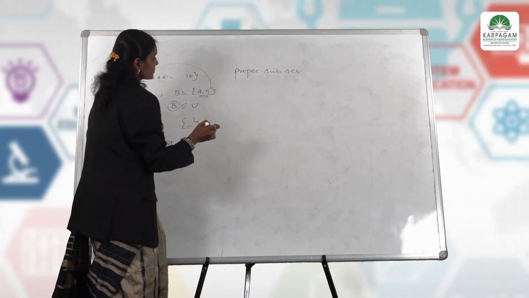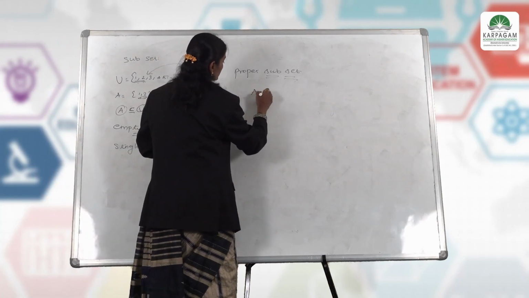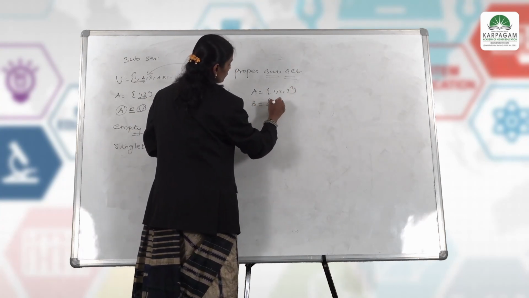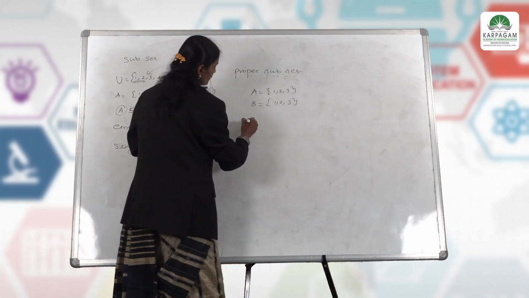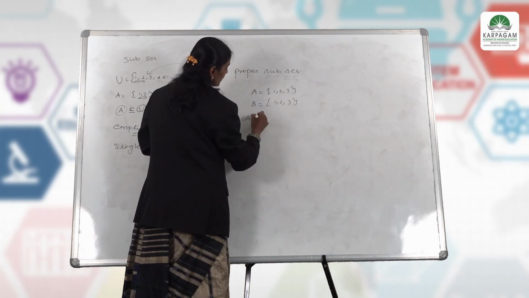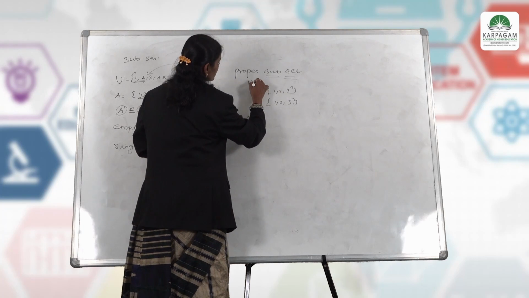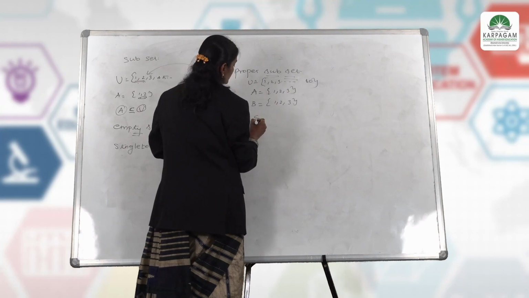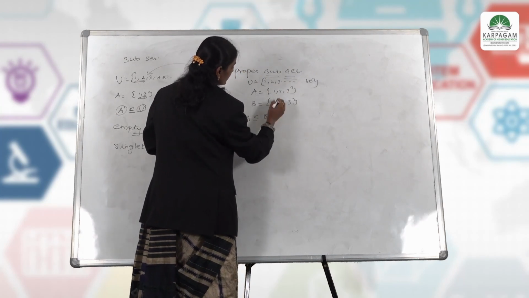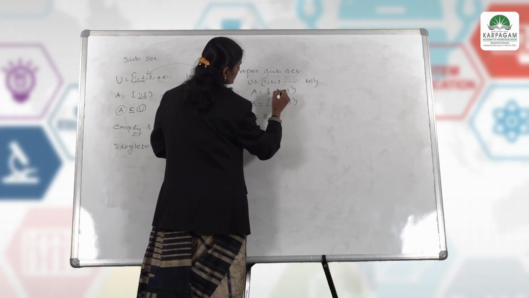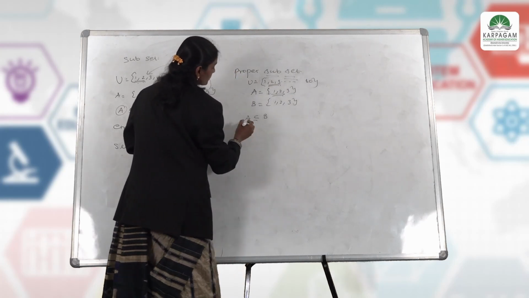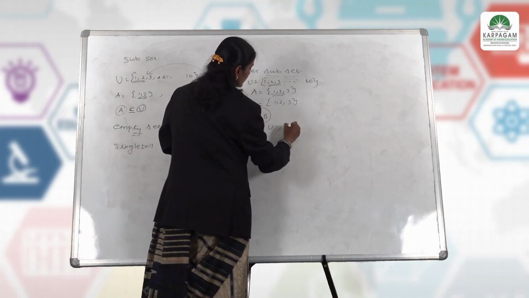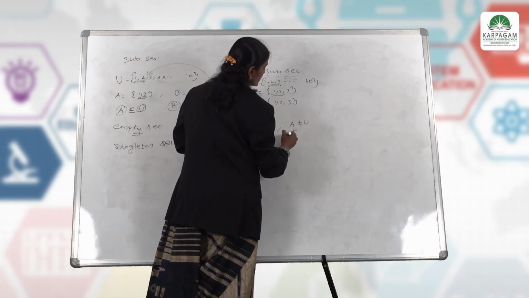Proper subset means: suppose A = {1, 2, 3}, and the universal set is 1, 2, 3, 4, 5, 6, etc. up to 10. A is contained in U, where the number of elements in A is 3 and U goes up to 10. If A is contained in U and A is not equal to U, it is called a proper subset.